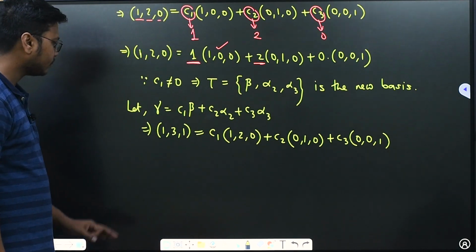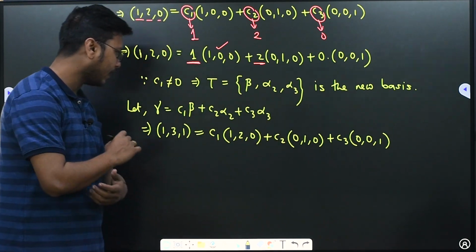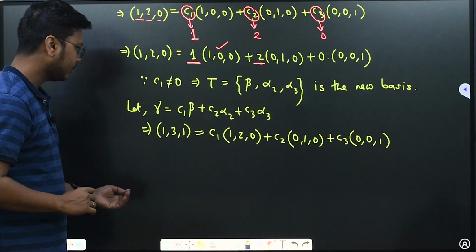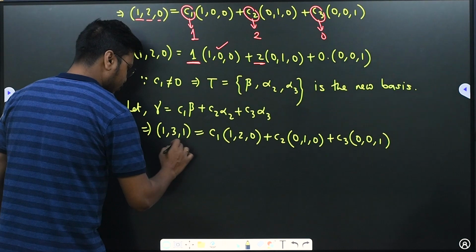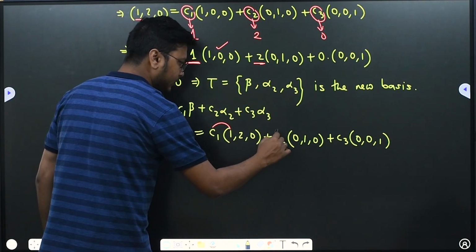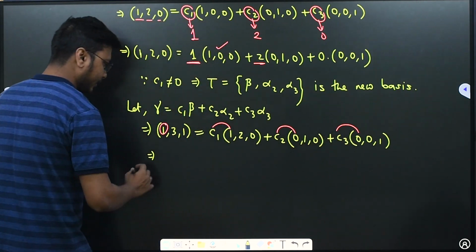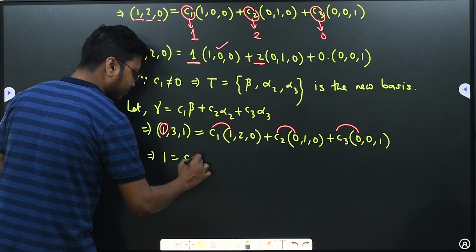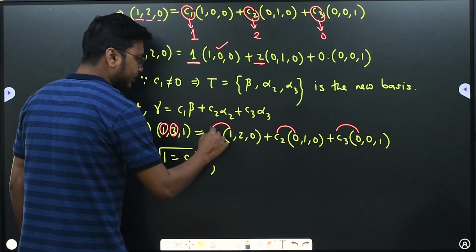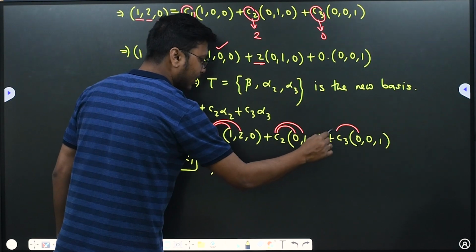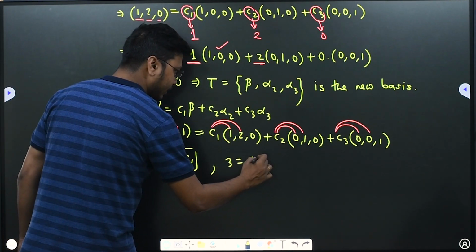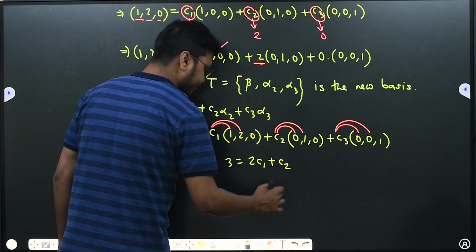If it is difficult to find out from observation, then let's do the calculation. The first 1 equals 1 times C1, 0 times C2 and 0 times C3, so 1 equals simply C1. Then 3 equals C1 times 2, C2 times 1 and C3 times 0, so 3 equals 2 times C1 plus C2.